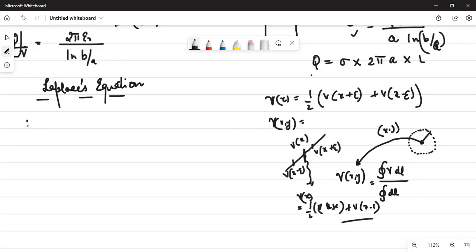In the three-dimensional case, again, the same result we are going to write.